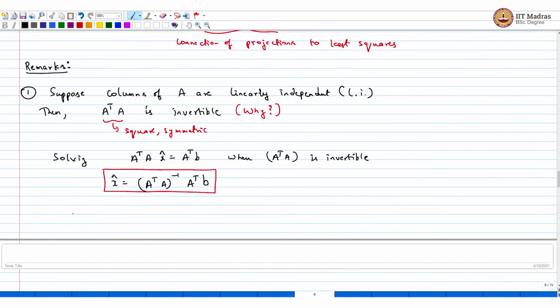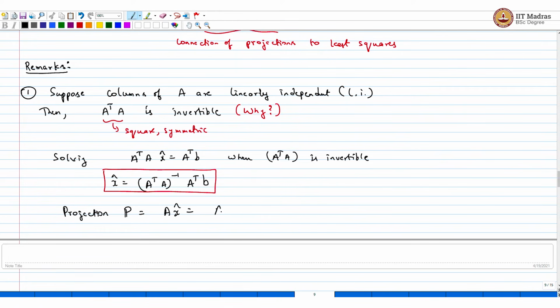This is x hat. So the projection, you have to multiply A again, because projection is A x hat. If you want, let me write this.